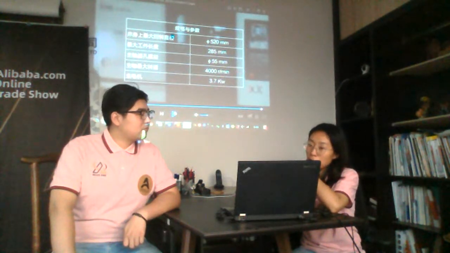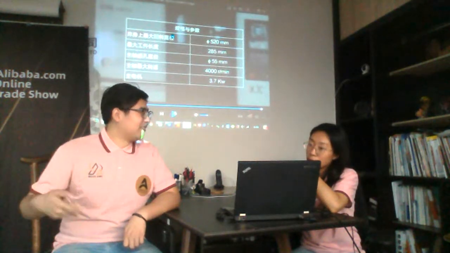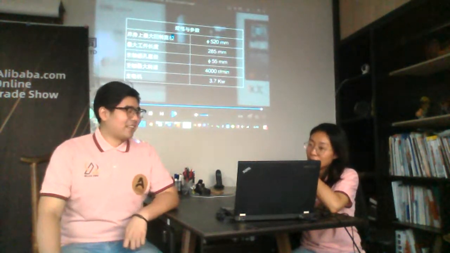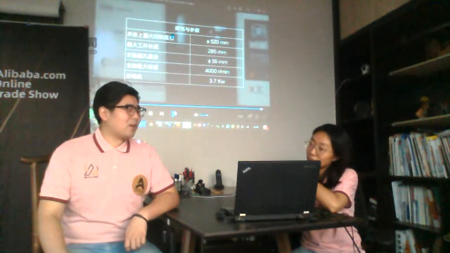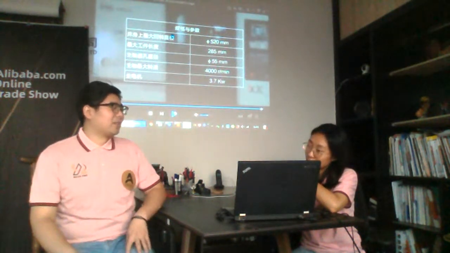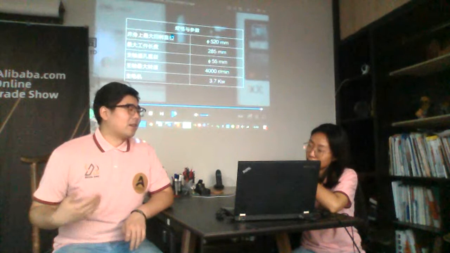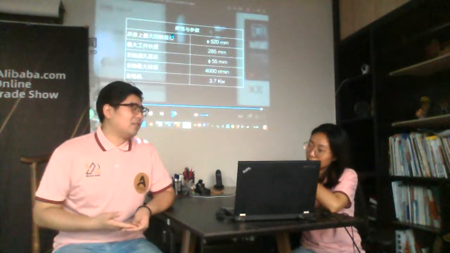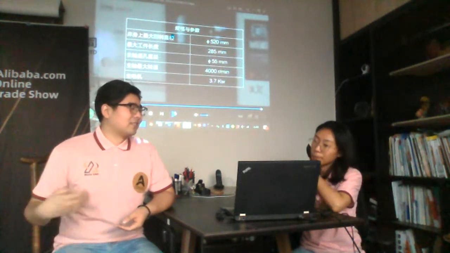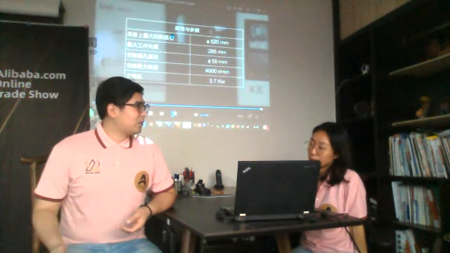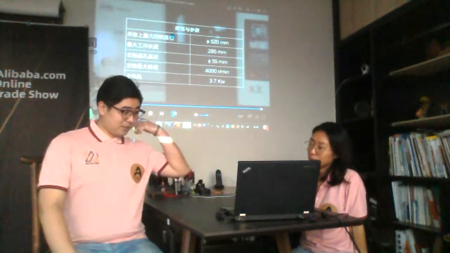The swing over the bed is 520 millimeters, and the workpiece's longest length is 250.